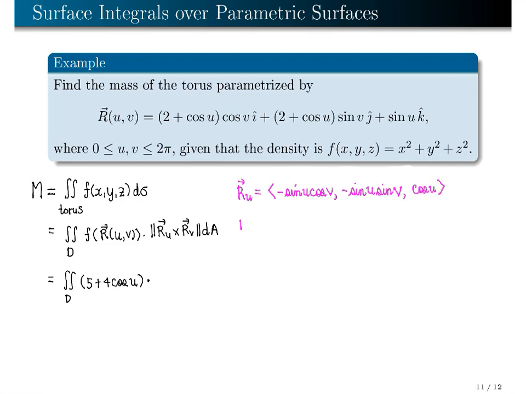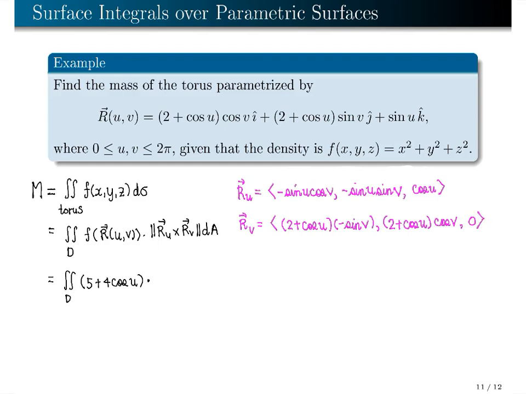Similarly, rv has x component, 2 plus cosine of u, multiplied by the negative of sine v, has y component, 2 plus cosine of u, multiplied by cosine of v, and has z component, 0.